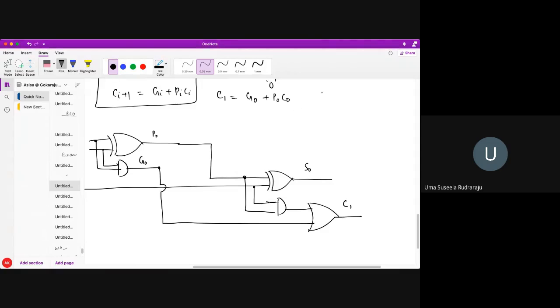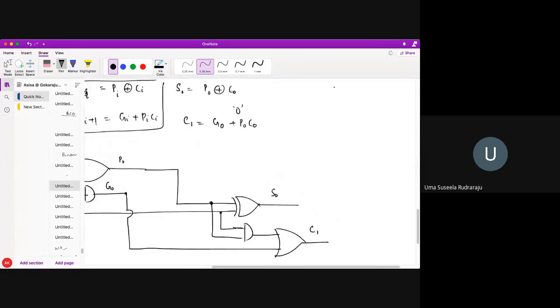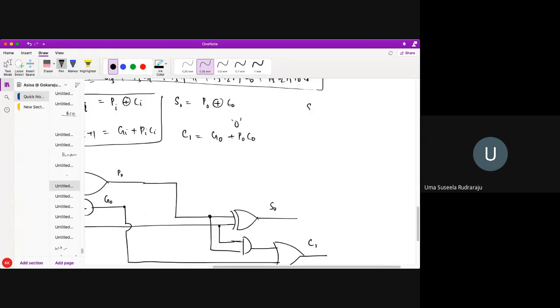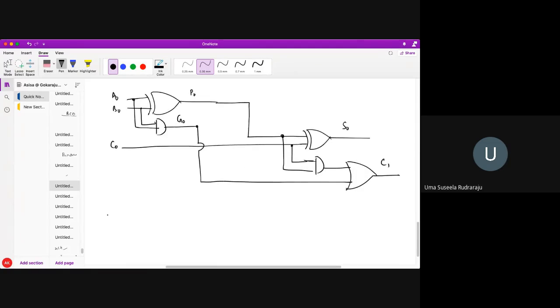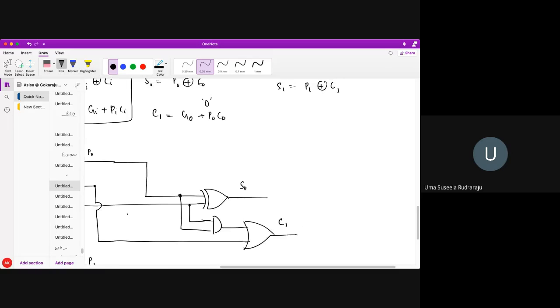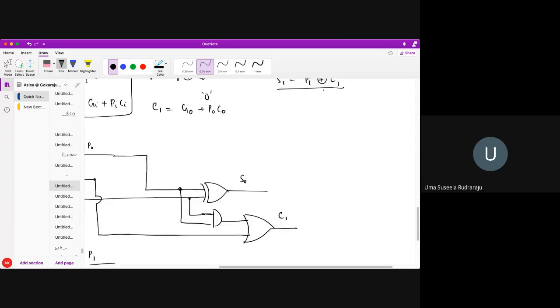So see here, for the next bit, what is my S1? S1 is P1 XOR C1. P1 is nothing else but A1 XOR B1. So this is my A1 B1, and you can see S1 is P1 XOR C1.